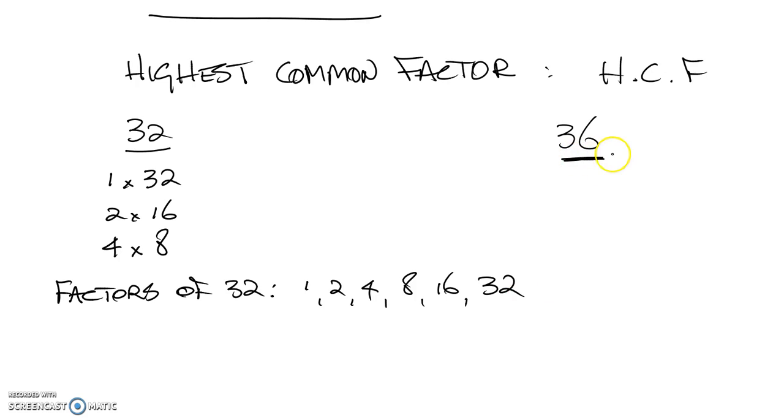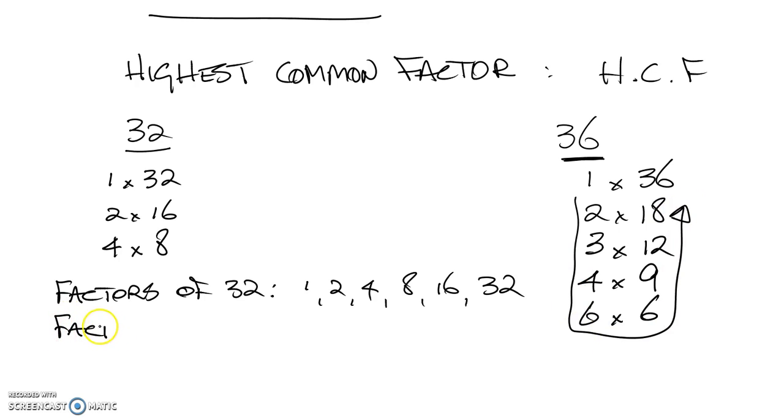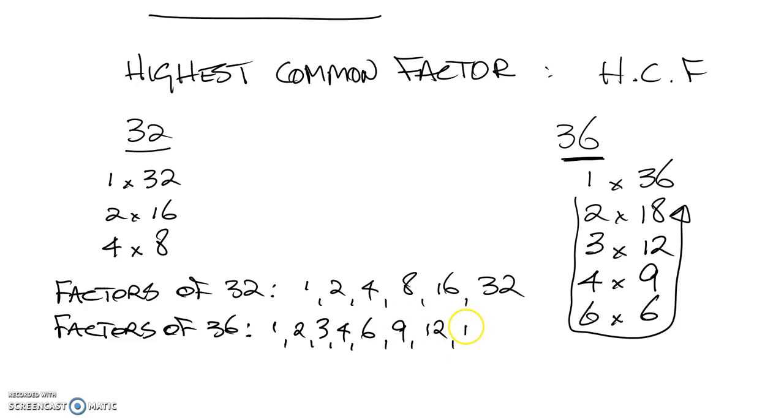Now let's have a look at the factors of 36. 1 times 36, 2 times 18, 3 times 12, 4 times 9, 5 doesn't go, and 6 times 6. And we're going to list these in this direction. So the factors of 36 are 1, 2, 3, 4, 6. We don't write 6 twice. 9, 12, 18, and 36.